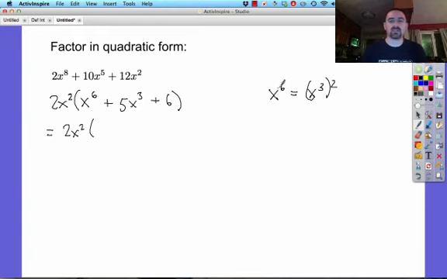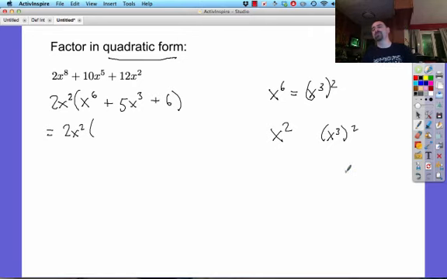X to the 6th is x to the 3rd all squared. So in a certain sense, this is like a quadratic. It's a quadratic form. It's not a quadratic expression, but it's a quadratic form. If we think of this not as x squared by itself, but as x cubed squared, then we can kind of pretend this is a quadratic.